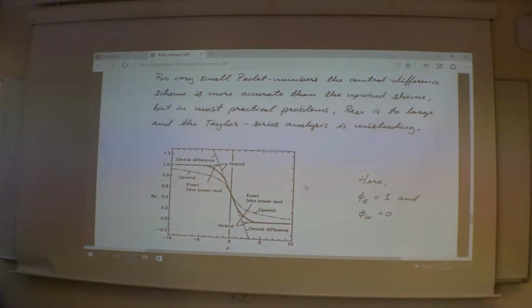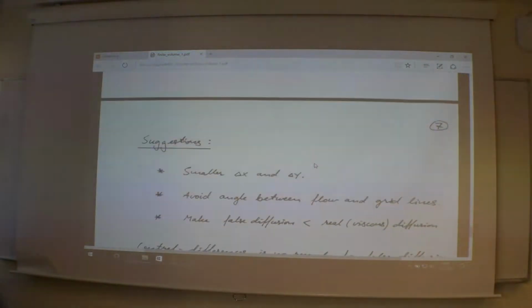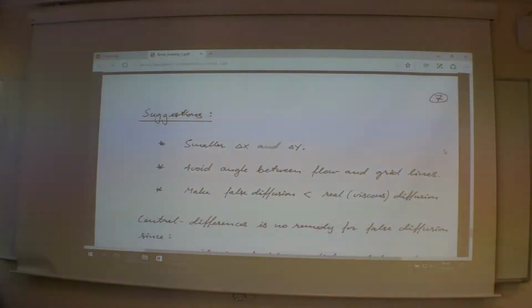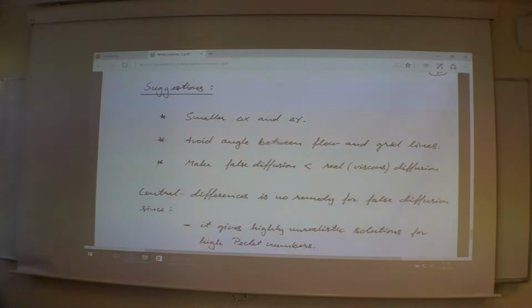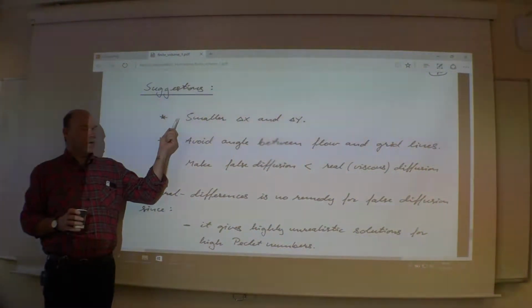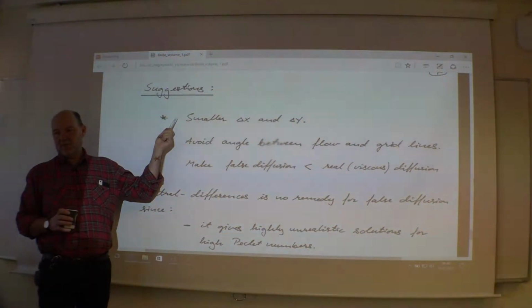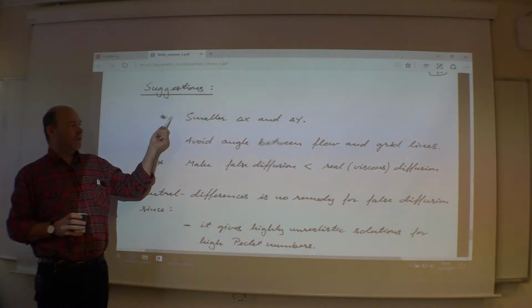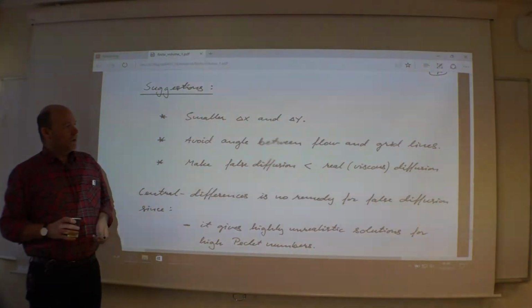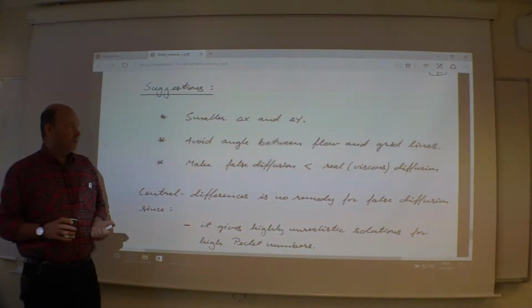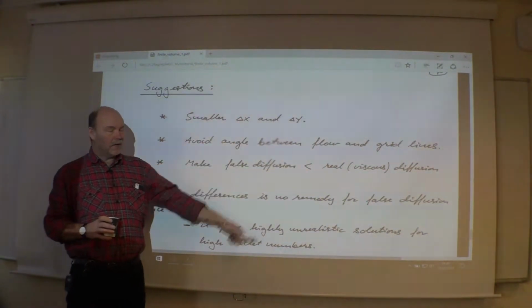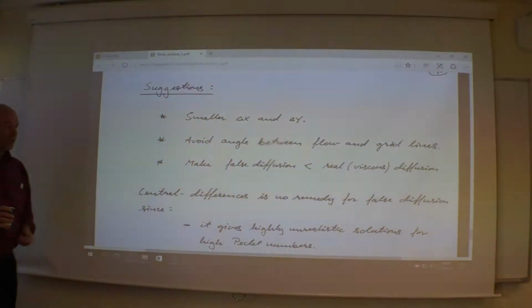So a higher order upwind could be an option. Other options: nowadays, we have a lot of computer power available. Remember, this book was written in the early 80s, so the computers were very, very small, very slow. So nowadays, it's easier to just use a lot of delta x's and delta y's to get the cell Reynolds number smaller.